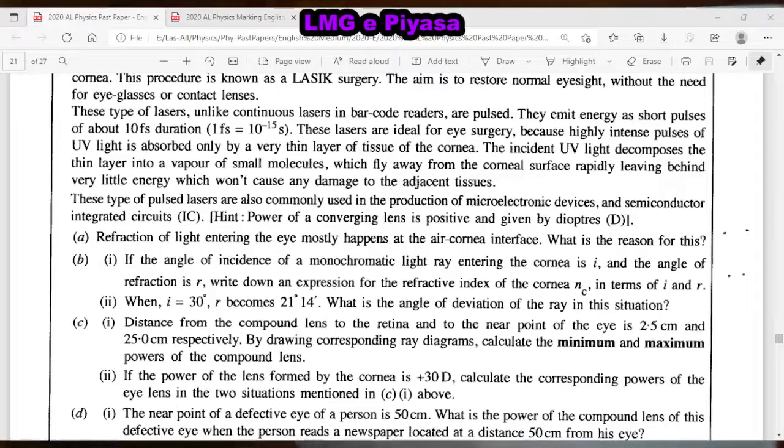Next, the minimum power of the compound lens.